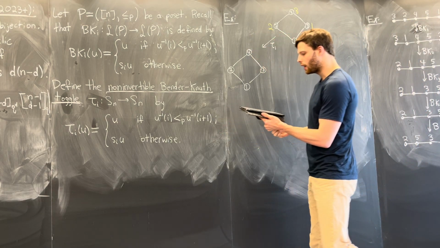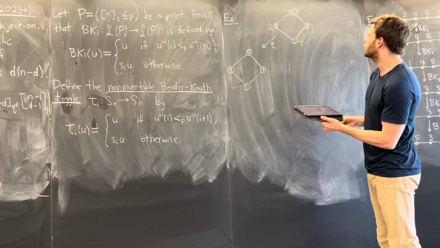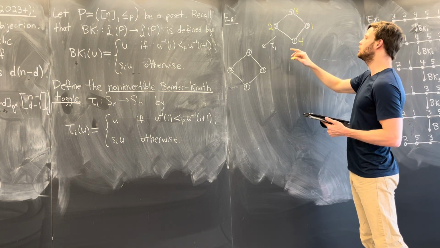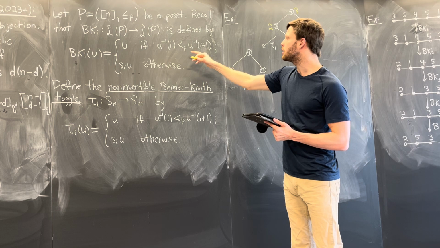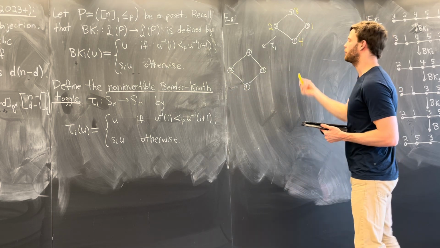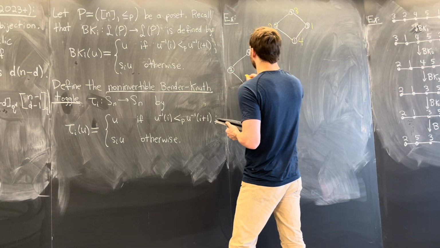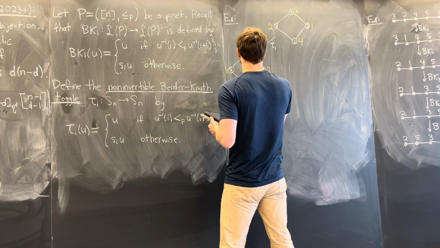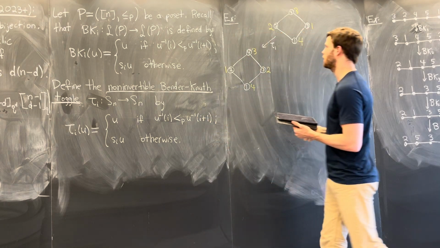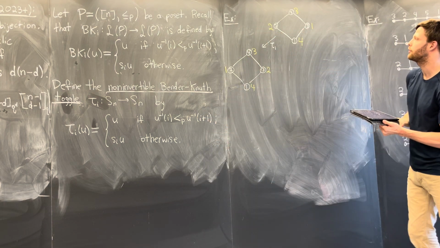Okay, so if I do tau 1, that says I look at 1 and 2. The 1 is not below the 2, so I swap them. So here I get this. Okay, so that's just like what we had before.